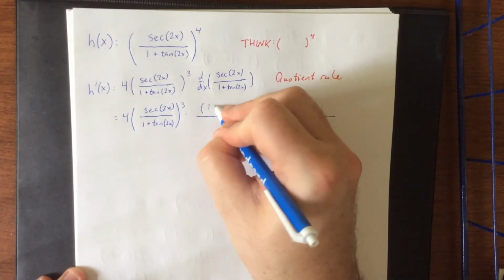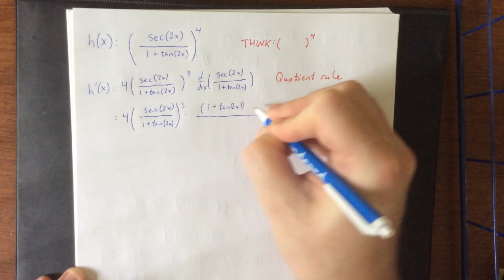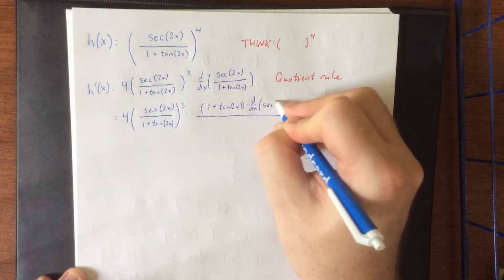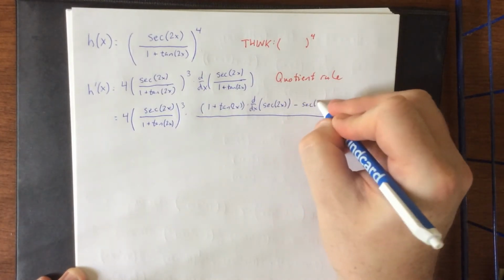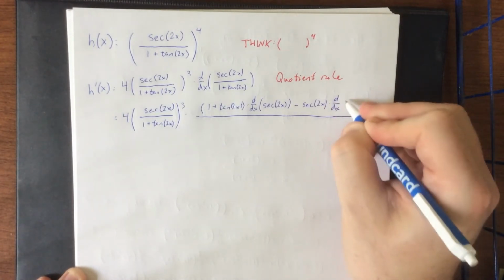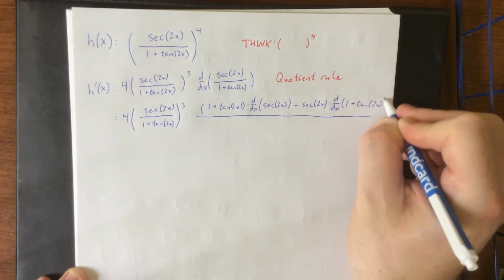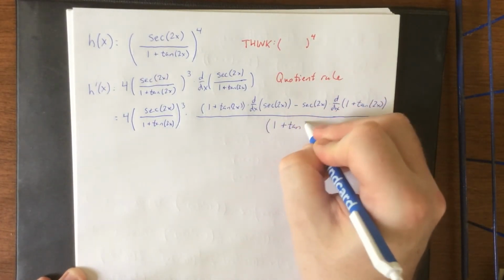Quotient rule states that this will be low, d high, so derivative of the secant of 2x, less high, secant of 2x, d low, that'll be the derivative of the denominator, over the square of what's below.